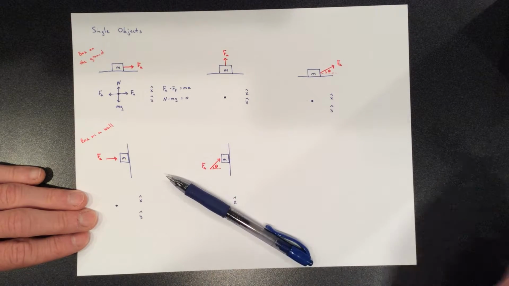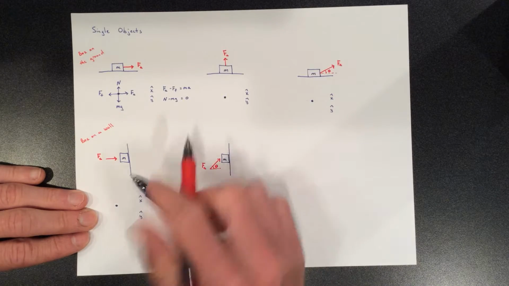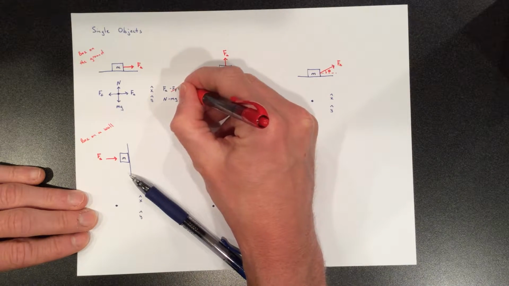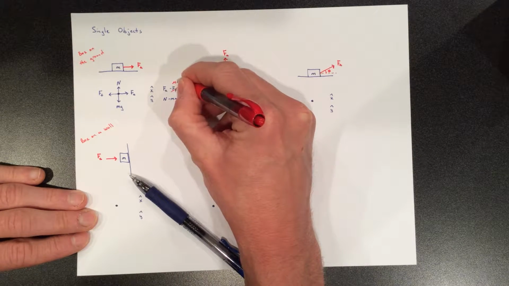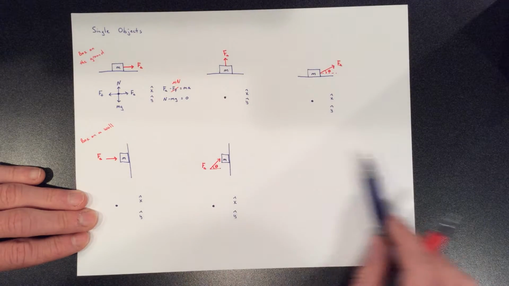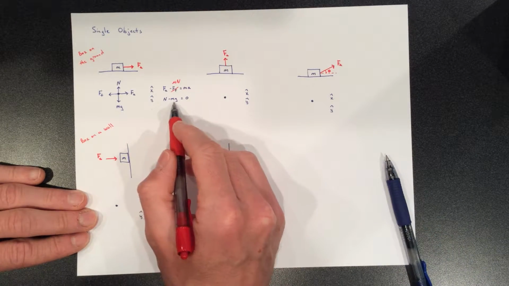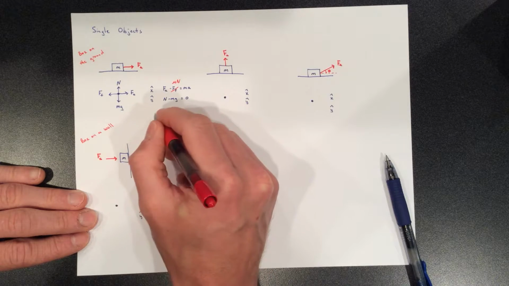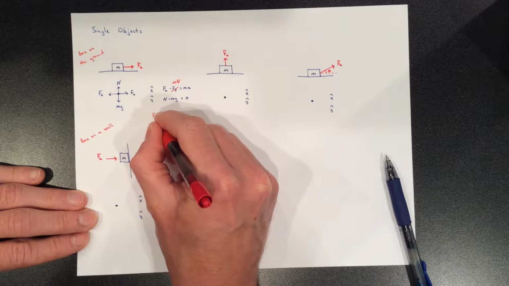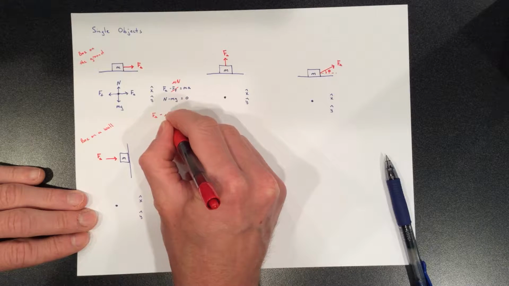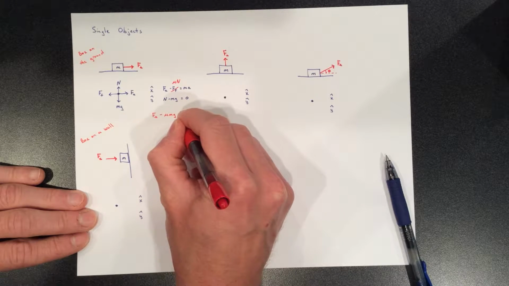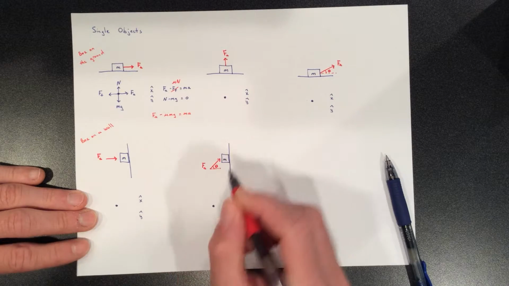Okay? And like all of these questions, we know that the force of friction is going to be replaced by mu times the normal force. And in this particular example, we know that the normal force is equal to mg. So we can take that top equation and actually write it as Fa minus mu mg equals ma.